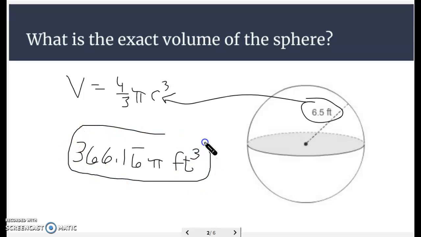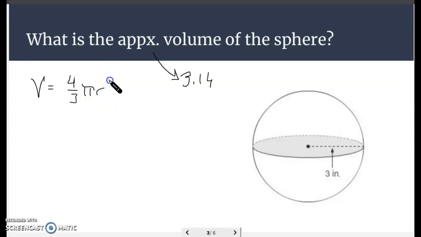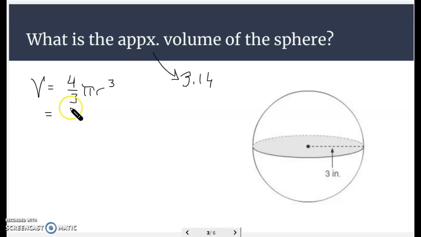So when you want exact volume, they usually want you to keep pi in the answer. Here's an approximate where we will use 3.14 instead of pi. So here's that formula again. V equals 4/3 pi r to the third power. We will have 4/3.